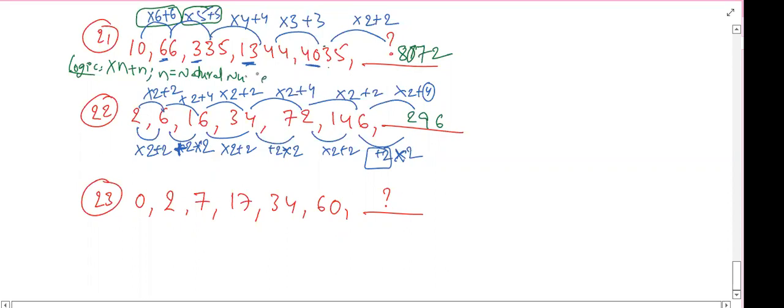And 22 logic is into 2 plus 2 one time, into 2 plus 4 one time. So both come alternately.